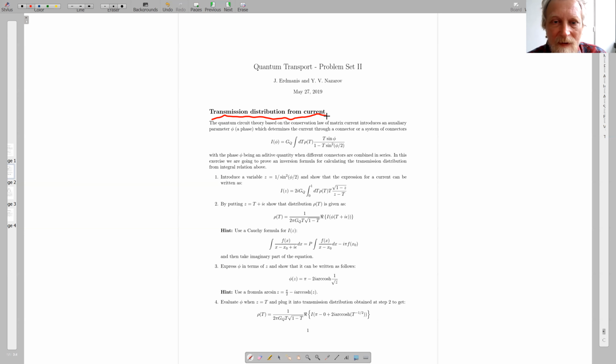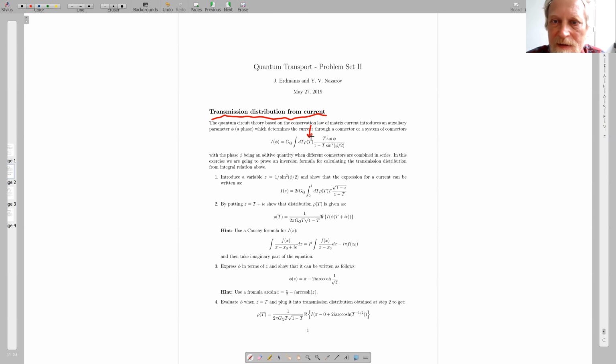It's okay. Fine. Right. And we have discussed quantum circuit theory, which we use in order to evaluate transmission distribution of compound circuits. Here it is.